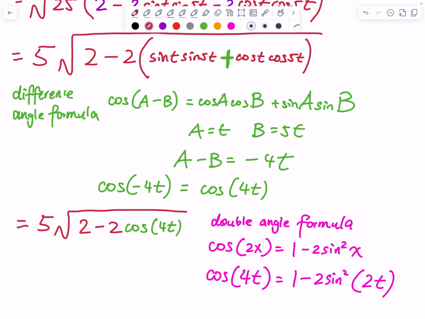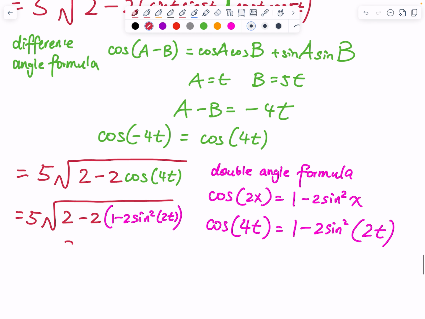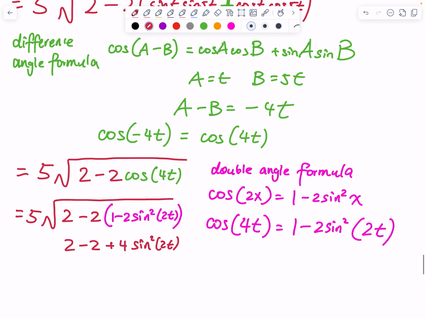Okay, let's put this back to the red. And then this is 5 square root of 2 minus 2, and then you have 1 minus 2 sine square 2t. And then work out the math. What do we get? We have 2 minus 2 plus 4 sine square of 2t. The 2 minus 2 is gone.